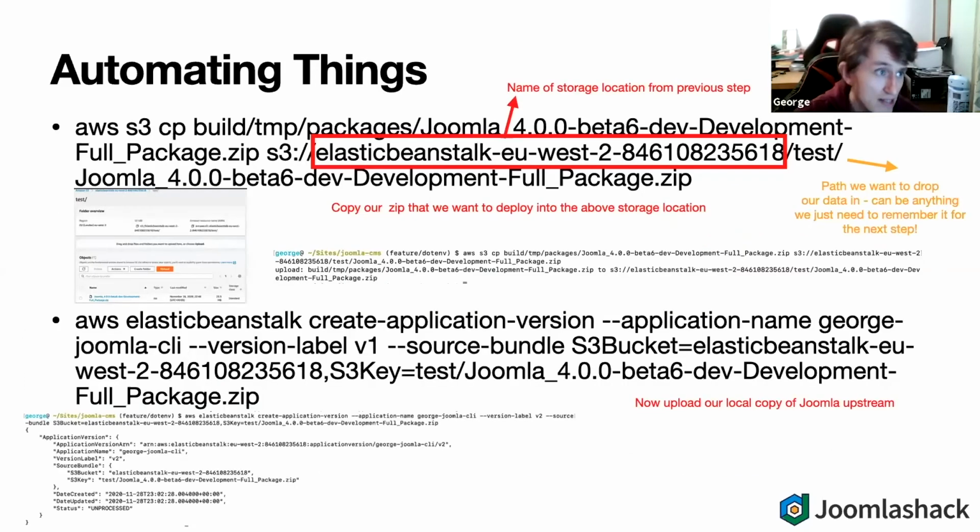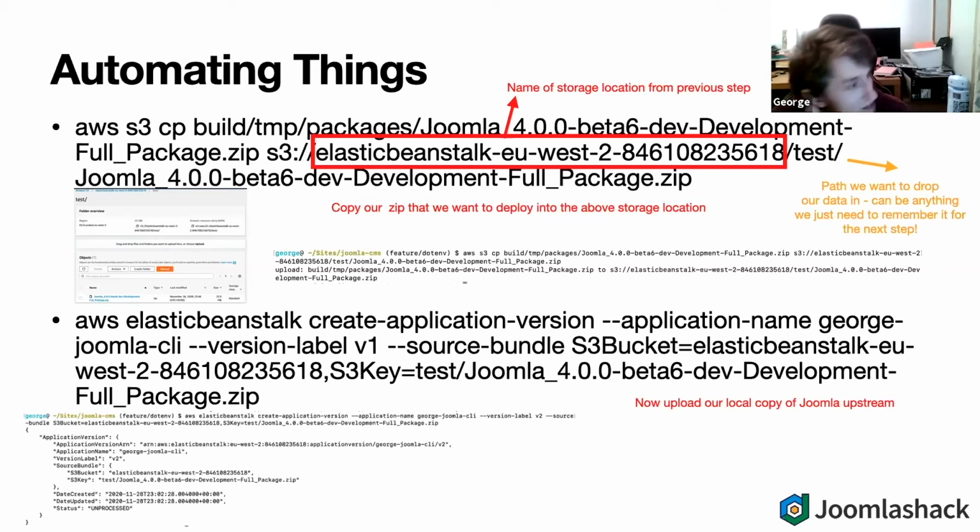The next step is to upload my instance of Joomla. I've actually generated a local copy of Joomla, but it kind of doesn't matter. You can download it from our nightly packages. Anything works. And we tell AWS to upload it.